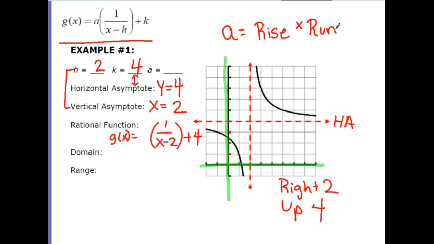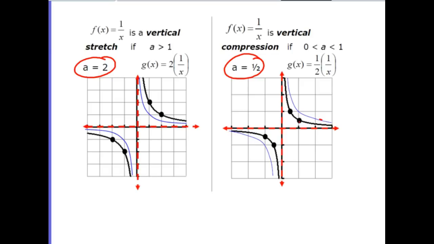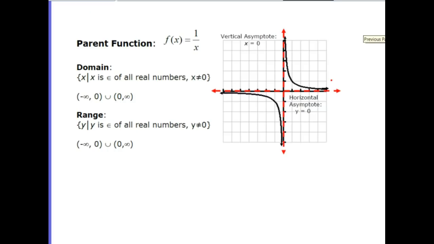So, on a parent graph from this asymptote, let's go back over here to our parent graph on our first page. Our parent graph has a key point at the point 1, 1. If from this asymptote you rise up 1 and go over 1, the a is equal to 1.